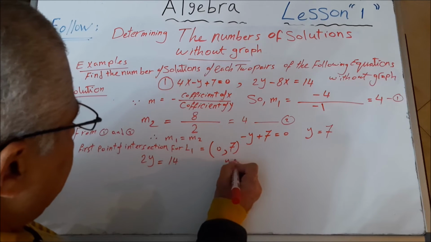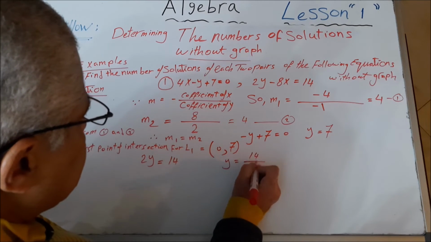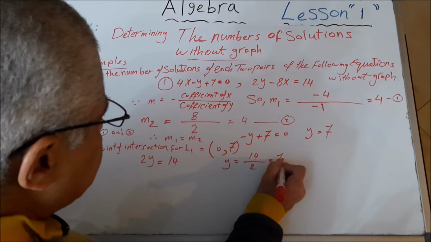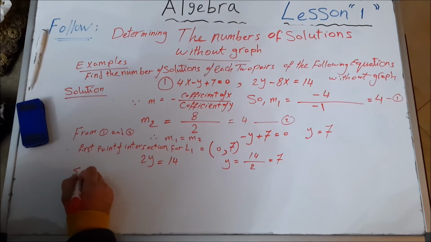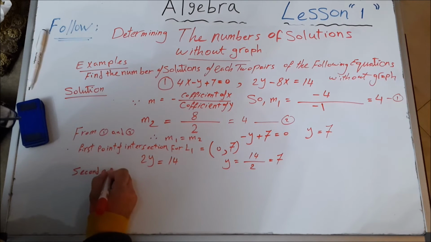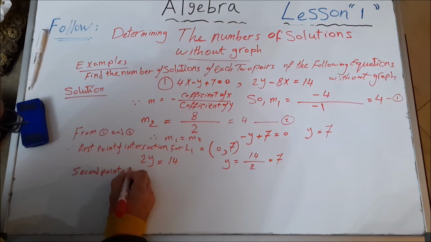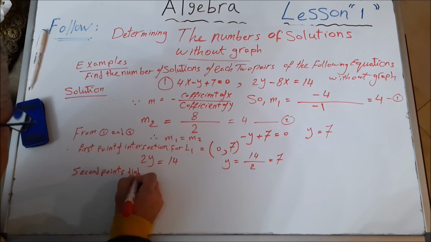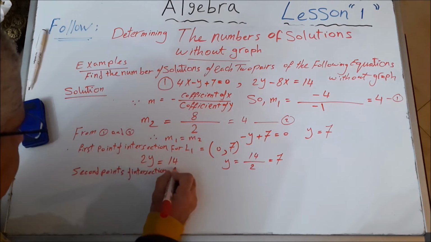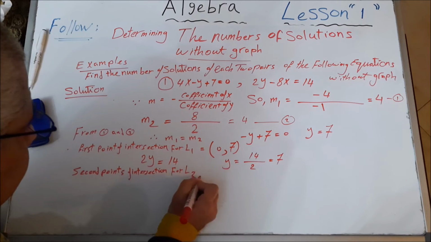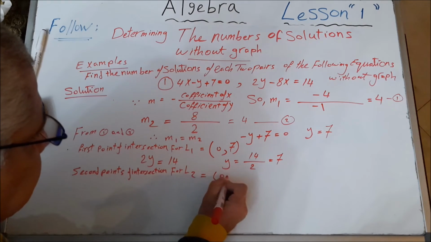So y equal 14 divided by 2 equal 7. As a second point of intersection for L2 equal 0 and 7.